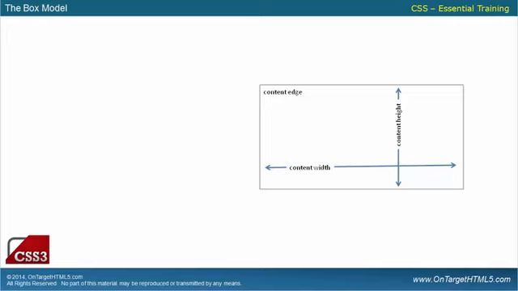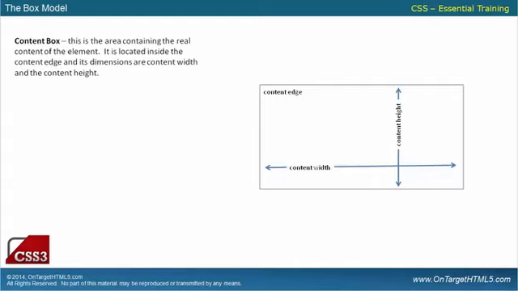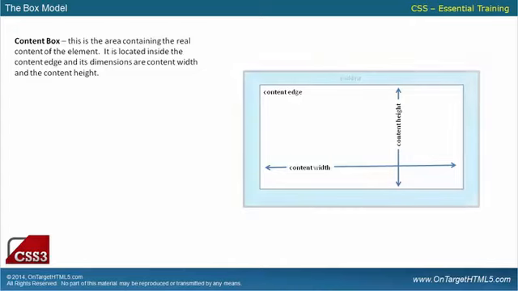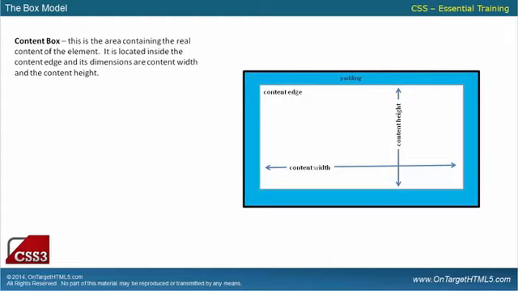And that content area makes up the content width and the content height. There's also a content edge, which is the borders of that content area. So this is the area containing the real content of the element. It's located inside the content edge, and its dimensions are the content width and the content height, the actual dimensions of that content area. From there, we have padding.